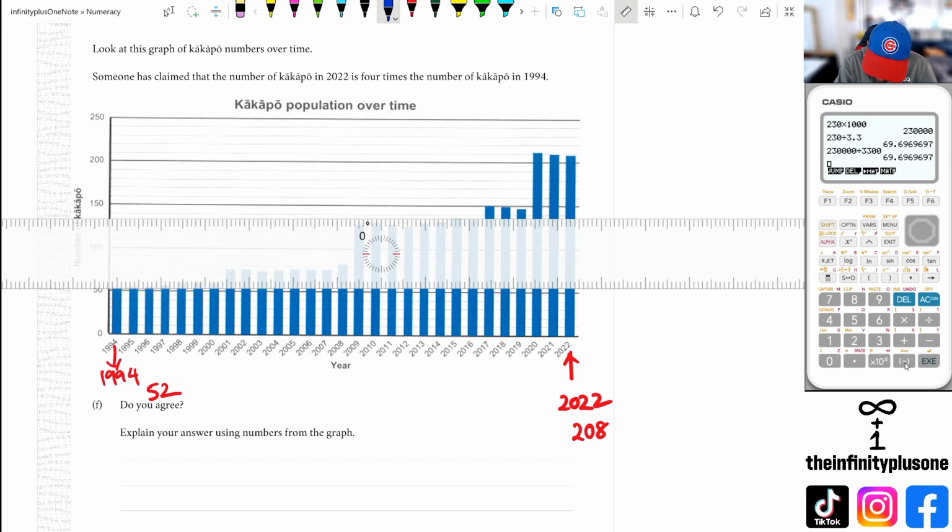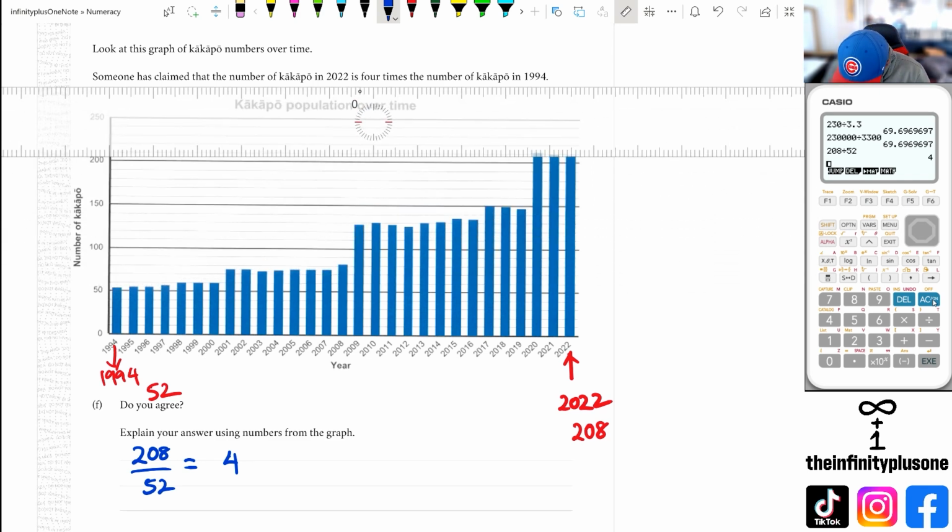To do that, I would go 208 divided by 52, which is going to give me 4. According to my numbers here, I can agree with it, because it is about 4 times more in 2022 compared to 1994. But that's because of the numbers that I picked.